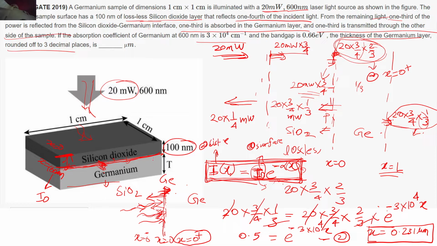But over here the reflection has been given to me, and its magnitude has also been given, that 1/3 of the power is getting reflected. So I know what is going to get transmitted. That's why I have taken the power just at the right side of the germanium silicon oxide interface, and this is what I will treat as I of 0.